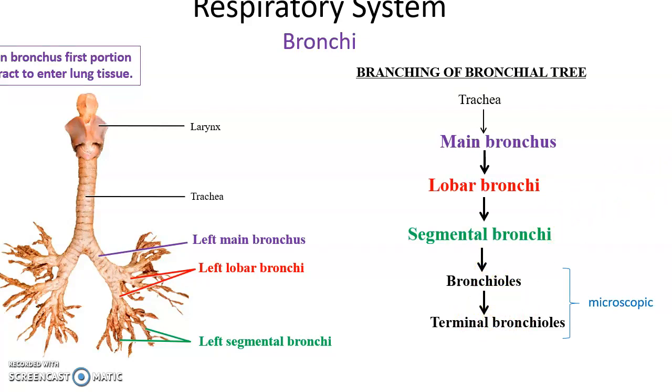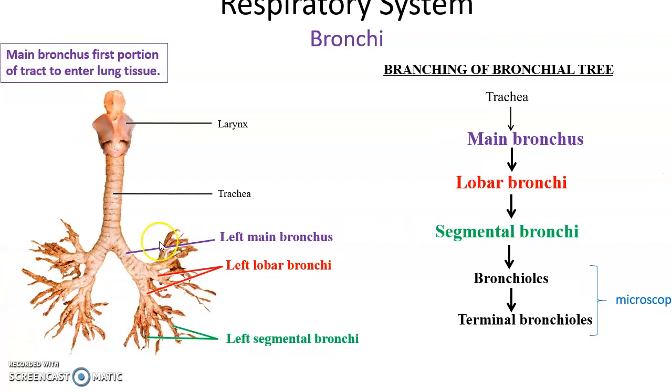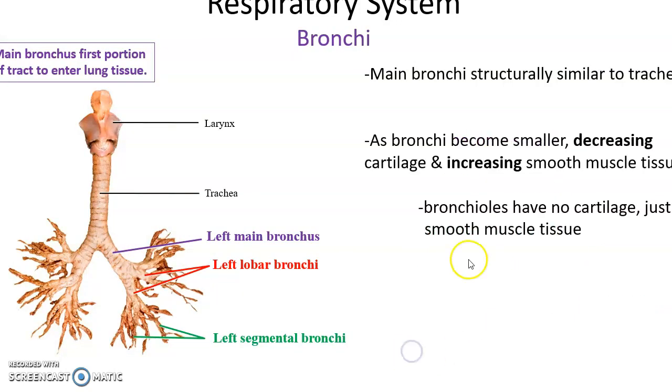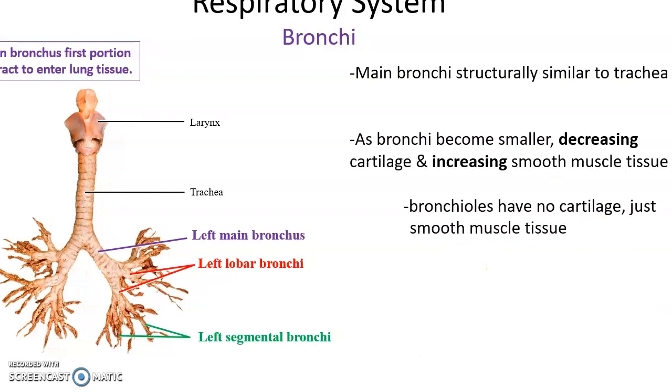So to point out that the main bronchus is the first structure carrying air to enter the lung, either the right lung or the left lung. The main bronchus is very structurally similar to the trachea, 4 layers, the cartilaginous rings.